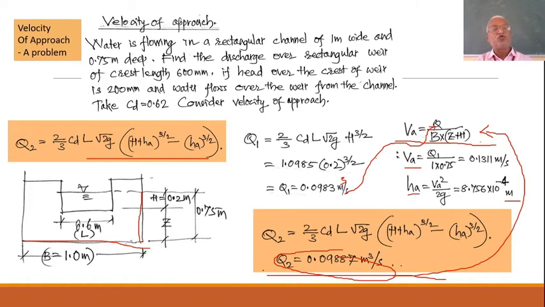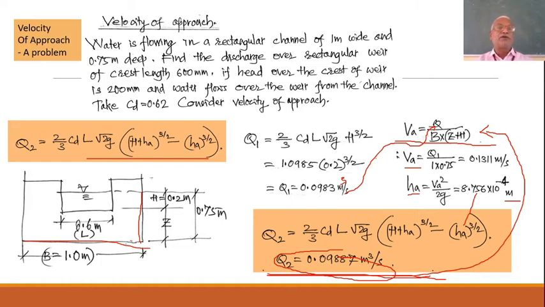At least 2 iterations are a must. Here I have got only one more. If you do, you will realize that it is 0.09887 itself. Only thing is, you calculate velocity of approach with the slightly changed value, HA slightly changed value, substitute that there, and you will find the revised value of Q. Interestingly, it becomes the same ultimately without much change.